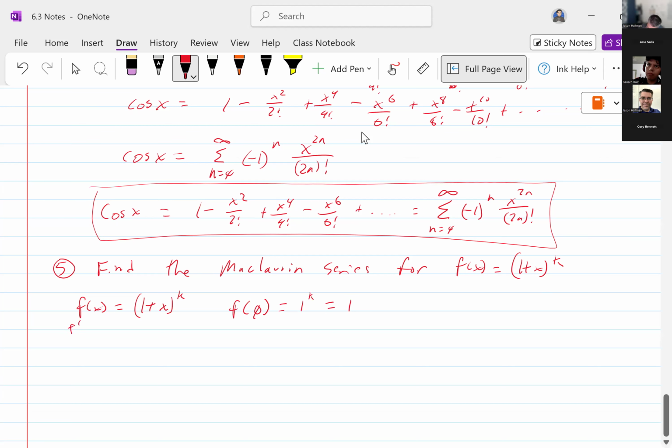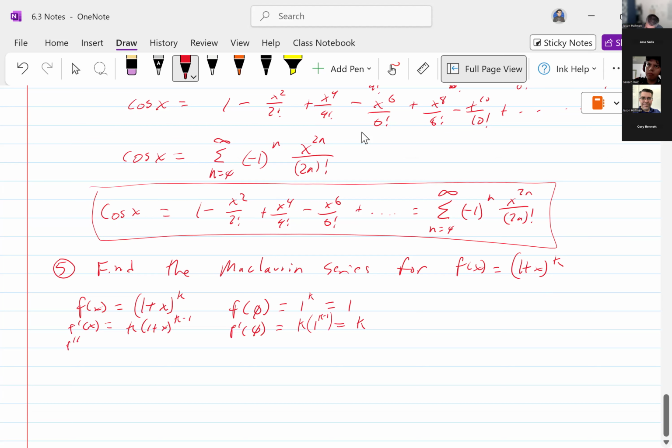What's the derivative? f prime of x is k times (1 plus x) to the k minus 1 power. So f prime of 0 is k times 1 to the k minus 1 power, which is just k. The 1 to any power is just 1.